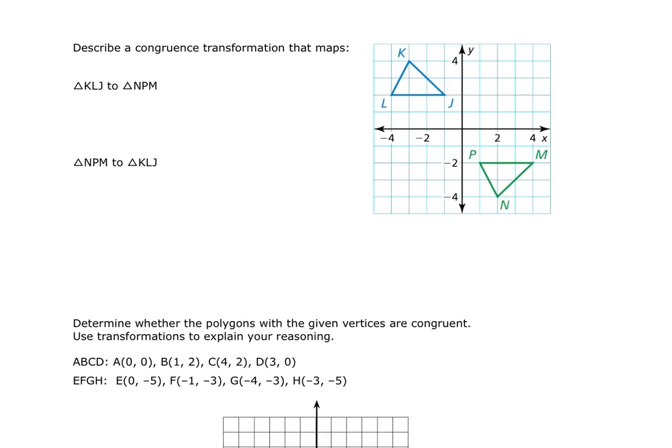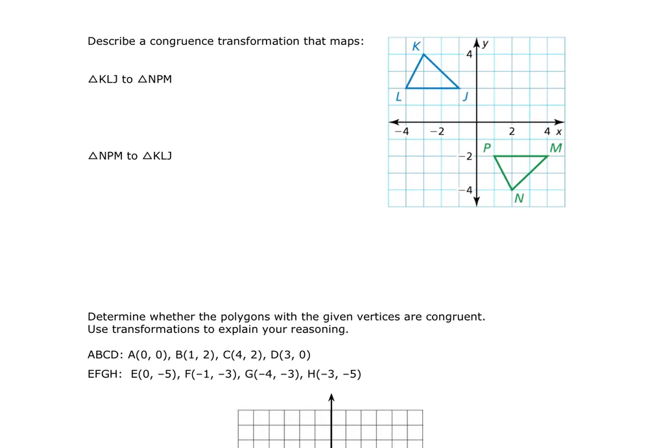Okay, try this one. See if you can figure out the transformation that would map KLJ to NPM. Go blue to green. See if you can figure out the transformation. I'll give you a couple minutes.